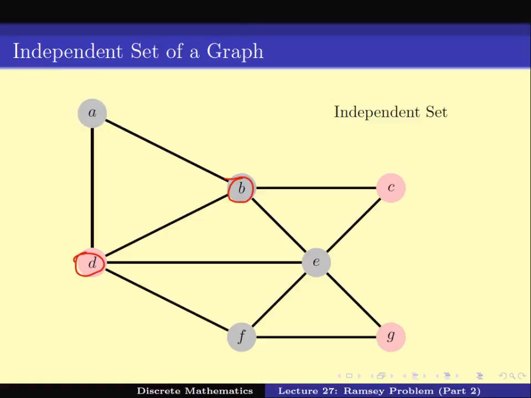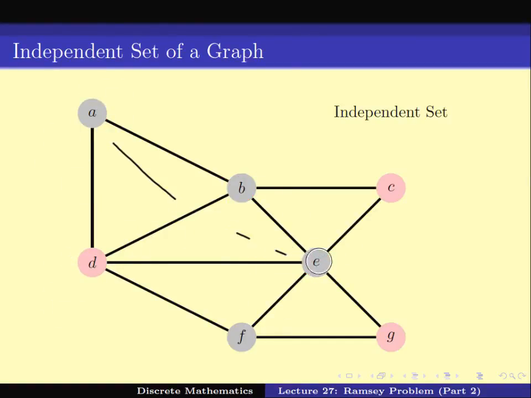Similarly, A, D, B, E is a clique. Now, if we had an edge between A and E, then A, B, D and E would have been a clique also, because between any pair there is an edge. So we have an understanding of what an independent set is and what a clique is.